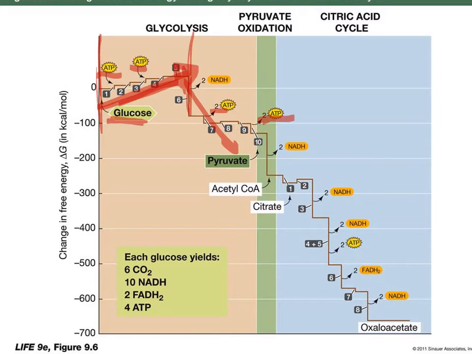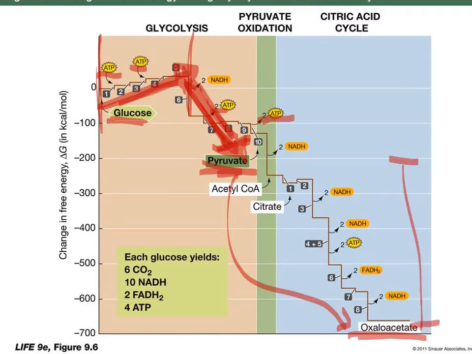It is giving us 2 extra ATPs, which is good. And if you're a bacteria, that's fine. You can make your living doing that. But higher energy need organisms can continue on with this process to take your pyruvate and really reform it all the way down to oxaloacetate, which will then be reused in the cycle. And you can see this is definitely also exergonic.